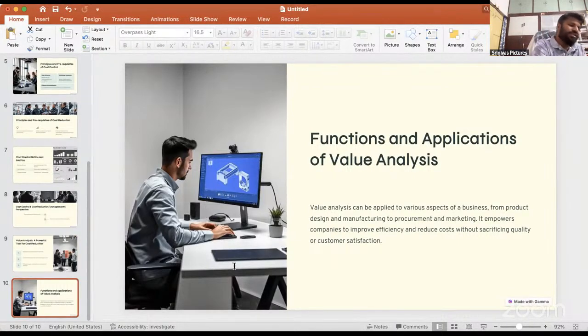So this is the first unit in Block 5, that is cost reduction and cost control.